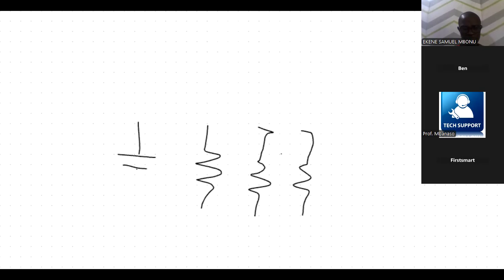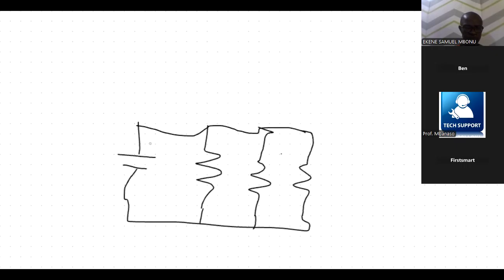They are connected across the same voltage. So this is plus, this is minus. The same voltage, but the resistances are different, so different current will flow through each.